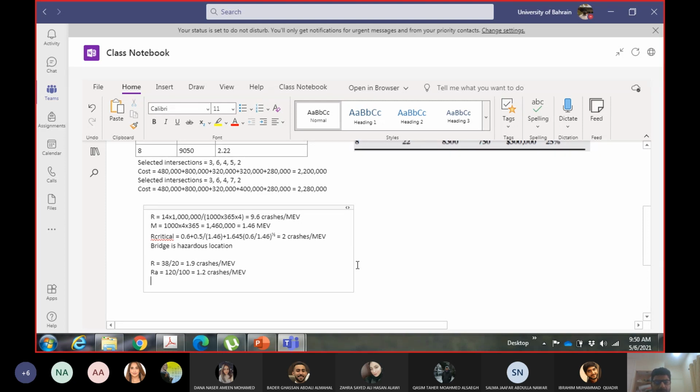Then I will calculate R critical. R critical is 1.2 plus 0.5 divided by, we have 20 million entering vehicles, right? M is 20.